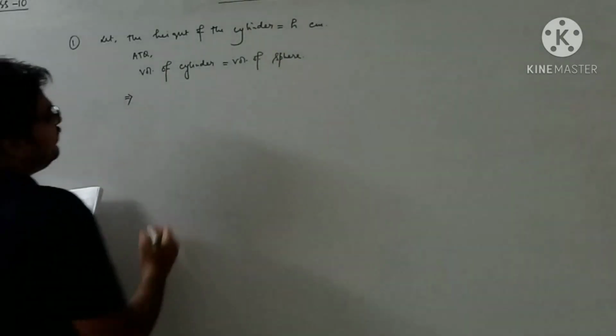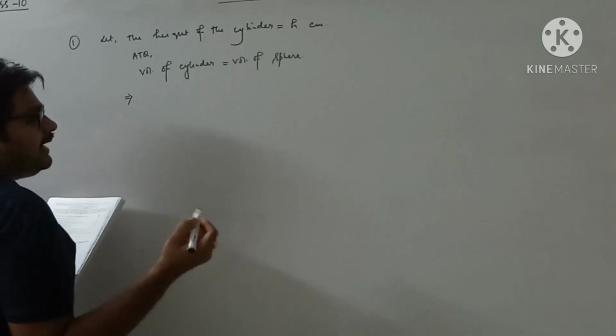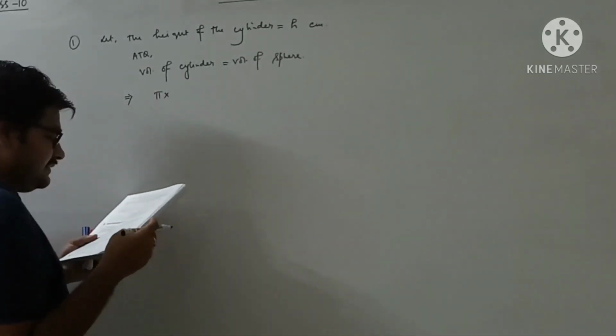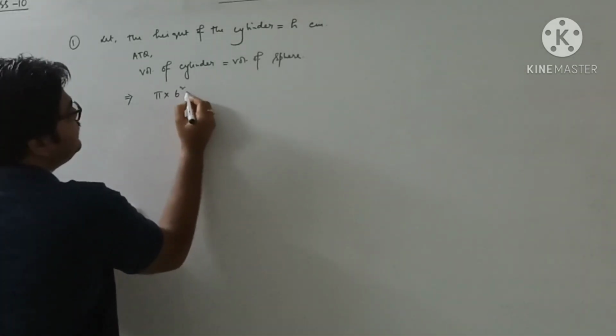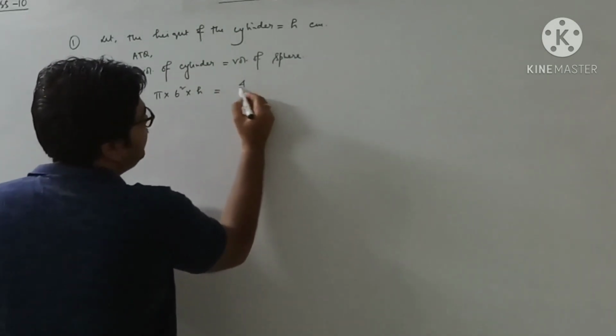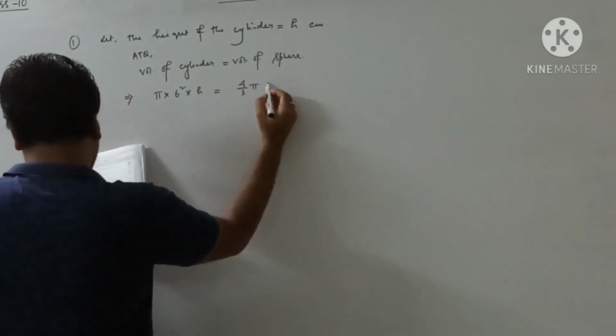Volume of cylinder, what is the formula? We know, pi r square h. Pi r square, what is the radius? 6 square h, and volume of sphere, we know the formula, 4 by 3 pi r cube. What is the value of r? 4.2.